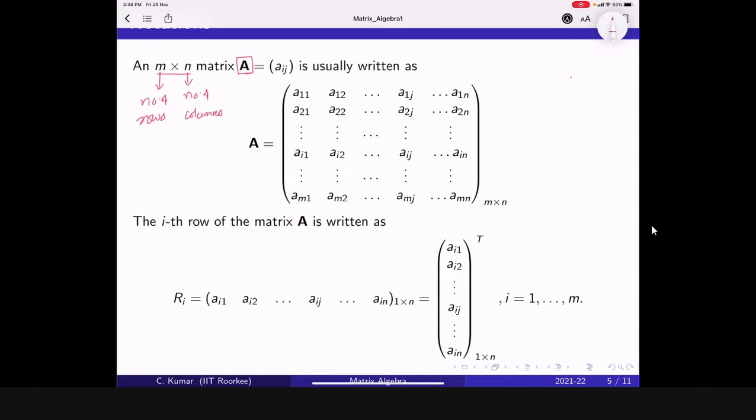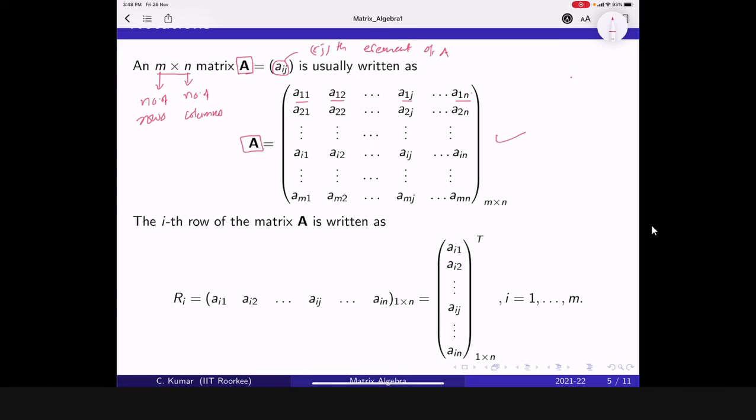So if Aij is the ijth element of the matrix A, then you can write A in this form: A11, A12, A1j, A1n.